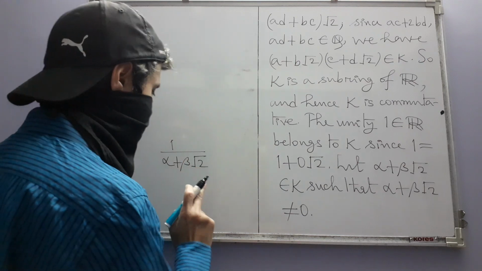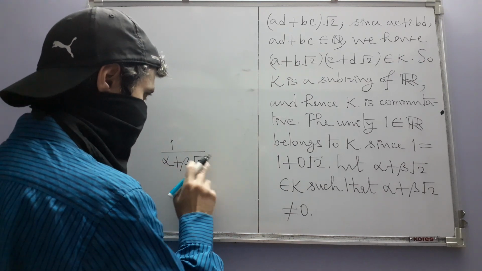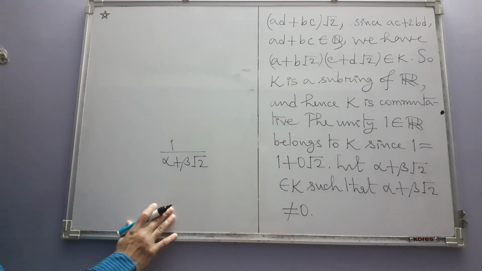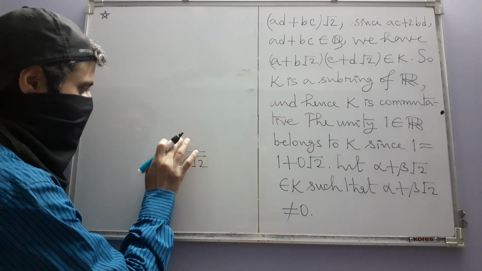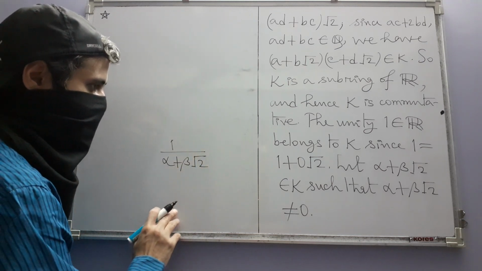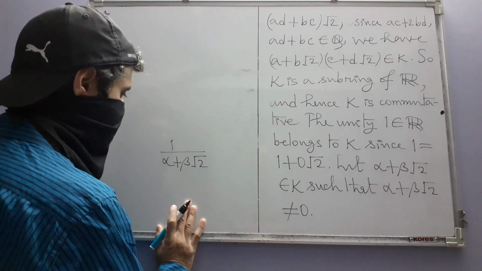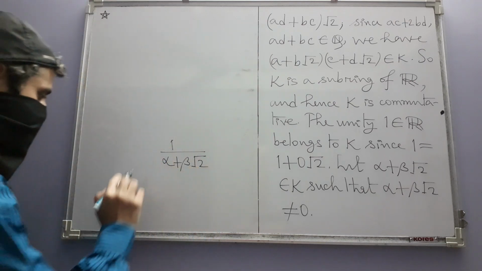Now the question is, is this in K? That is the question. Okay. So non-zeroness of this just simply allows us to divide 1 by this. So nothing else needs to be written about that. But, oh no, there is a point.